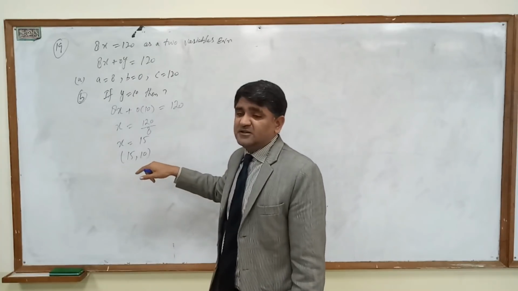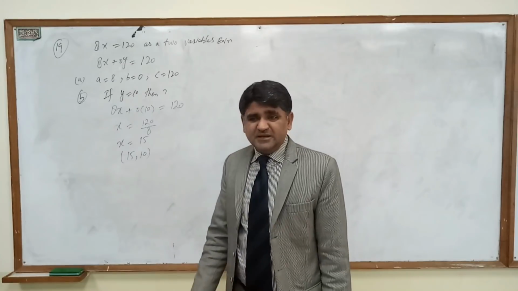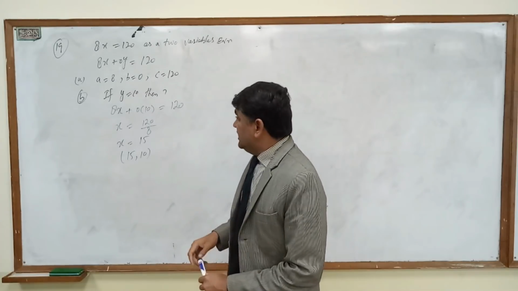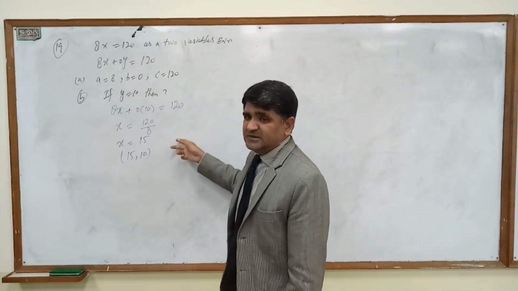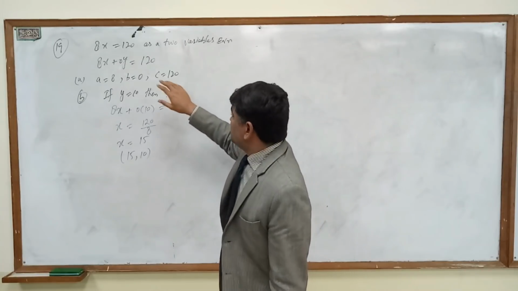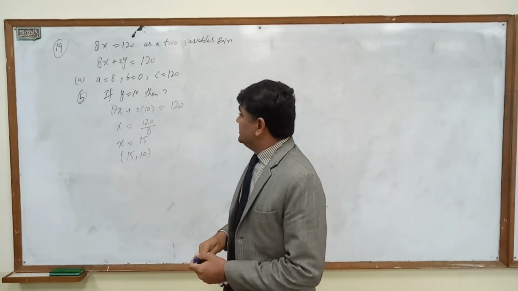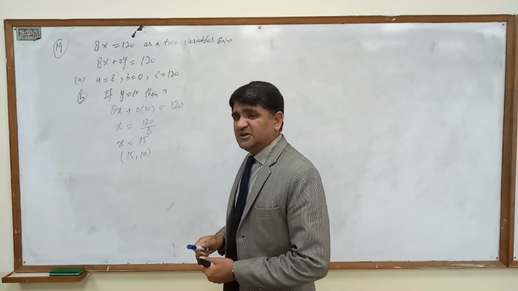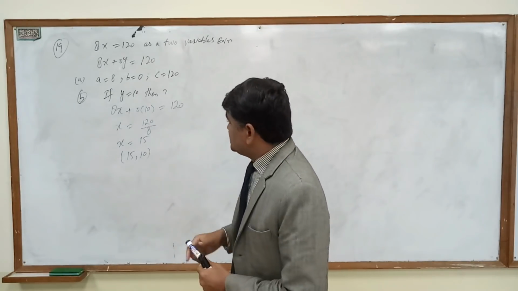Nothing other than 15 will satisfy the equation. Clear, students? Yes, sir. In part B, if y is equal to 10, any value of y can satisfy the equation, but x must be 15.